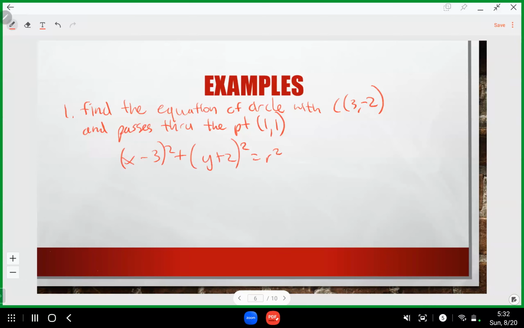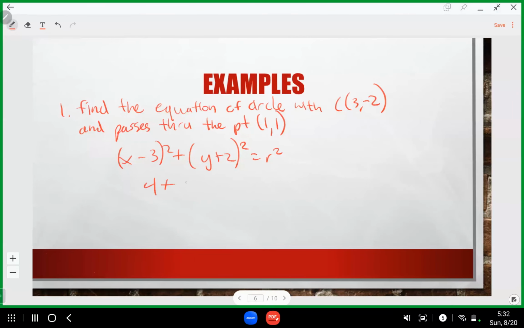Okay, very good. And because it passes through the point (1, 1), you can plug the point (1, 1) into that equation. So it'd be negative 2 squared plus 3 squared equals r squared. Very good. Then just solve for r.